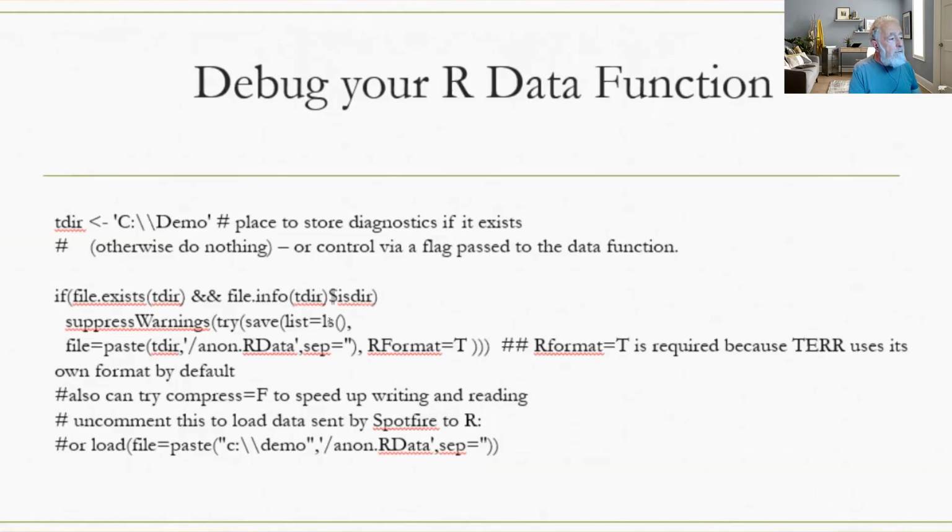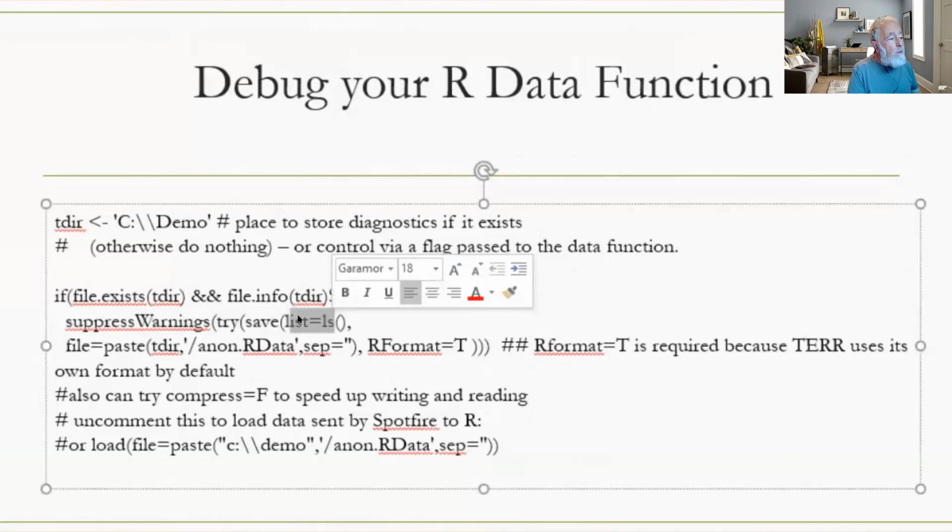But the main thing is that you're going to use this save list of list. It's similar to save image, but basically it says all of your objects when you start up are listed here, and you're going to save it into this name, and this name can be customized.